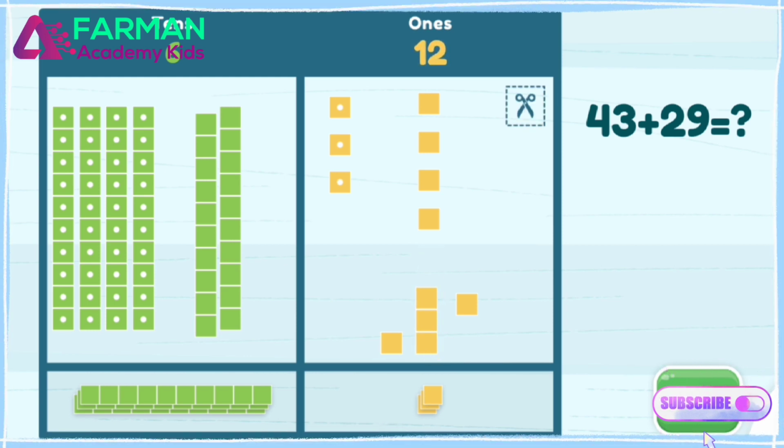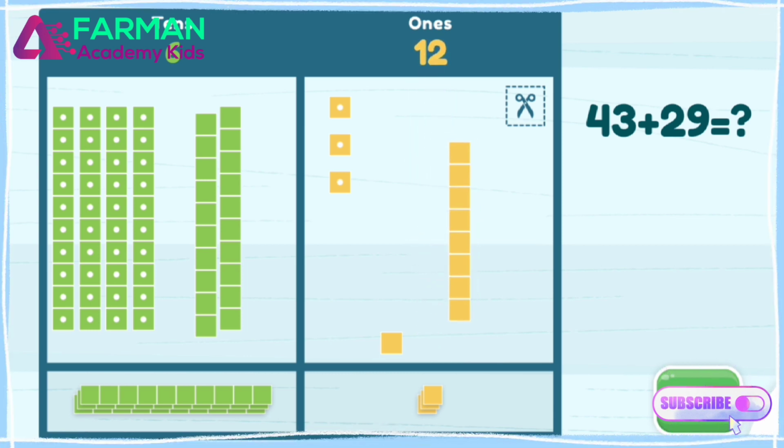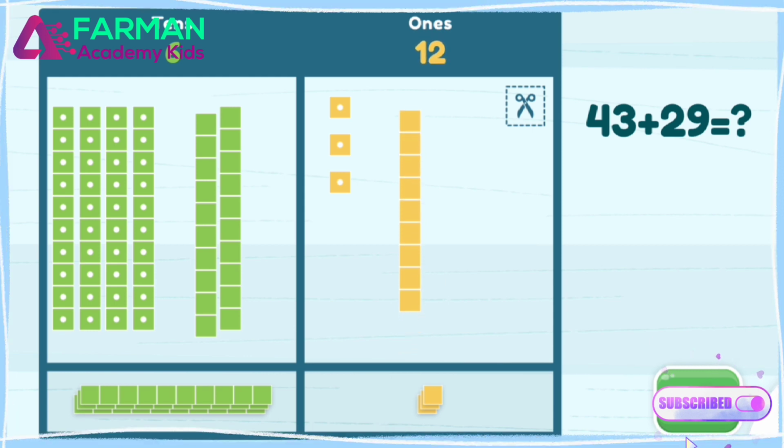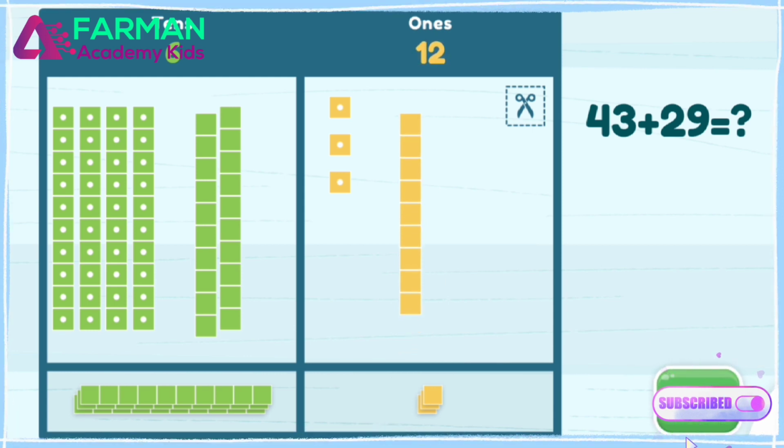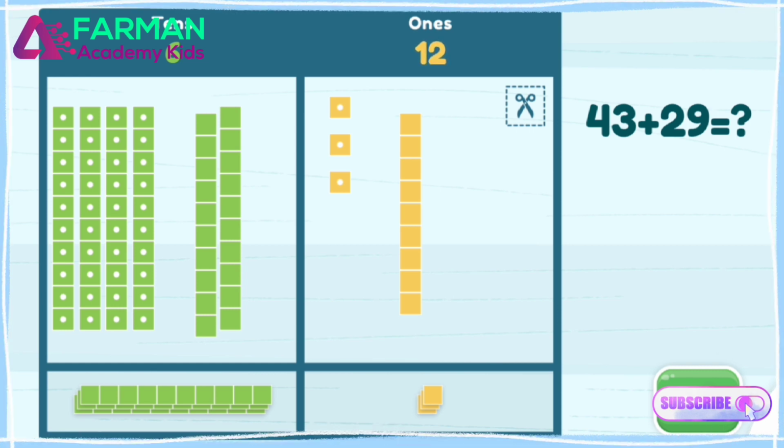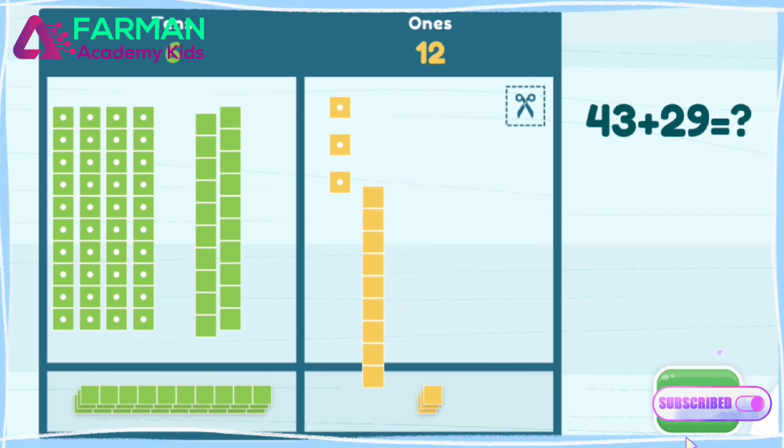That's right! We added 9 ones and 2 tens. Altogether, that makes 72. We need to remove 6 yellow blocks, but there are only 4.